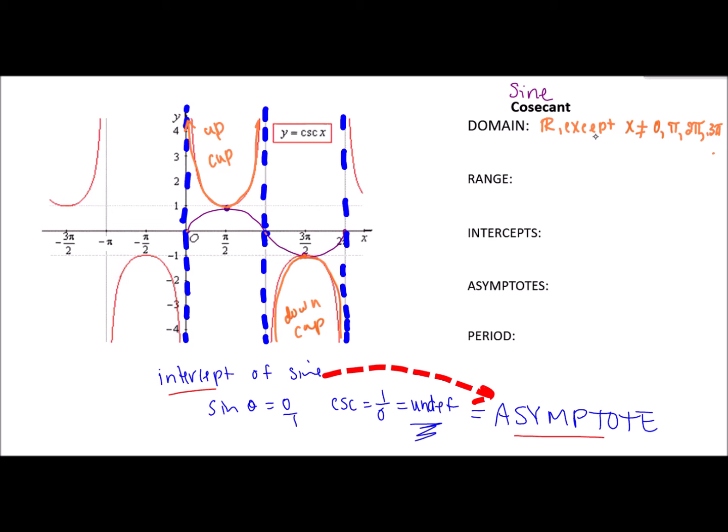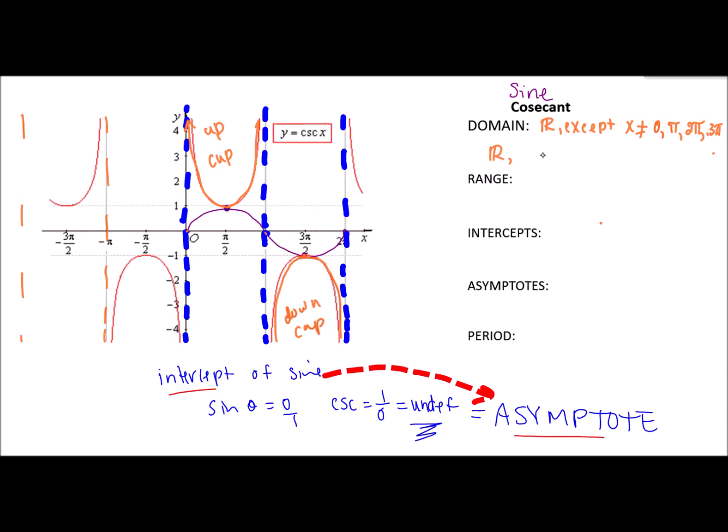But it also holds true for the negative direction. If you look over here, there's going to be another asymptote at negative pi. There's going to be another one over here at negative 2 pi. If sine keeps going, it's periodic, keeps repeating, that means cosecant is going to keep repeating. So we write it like this.